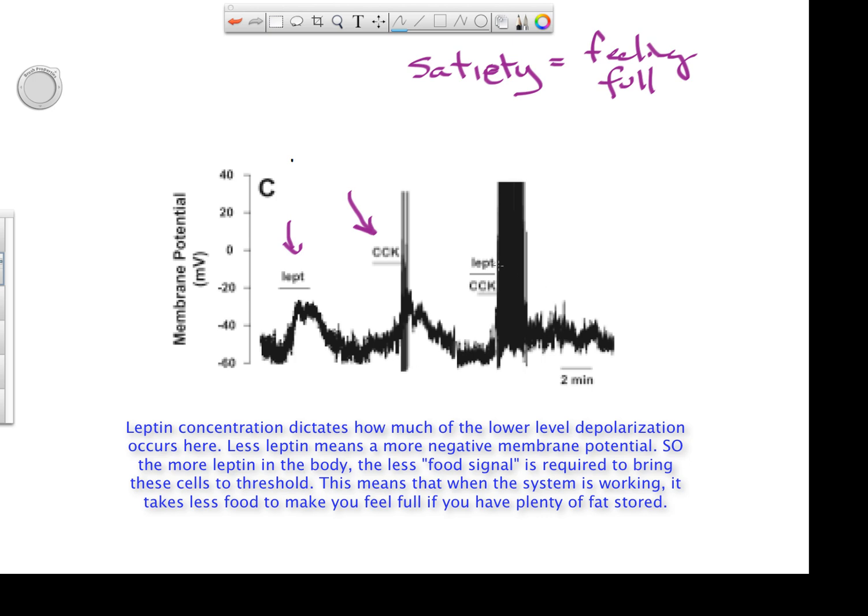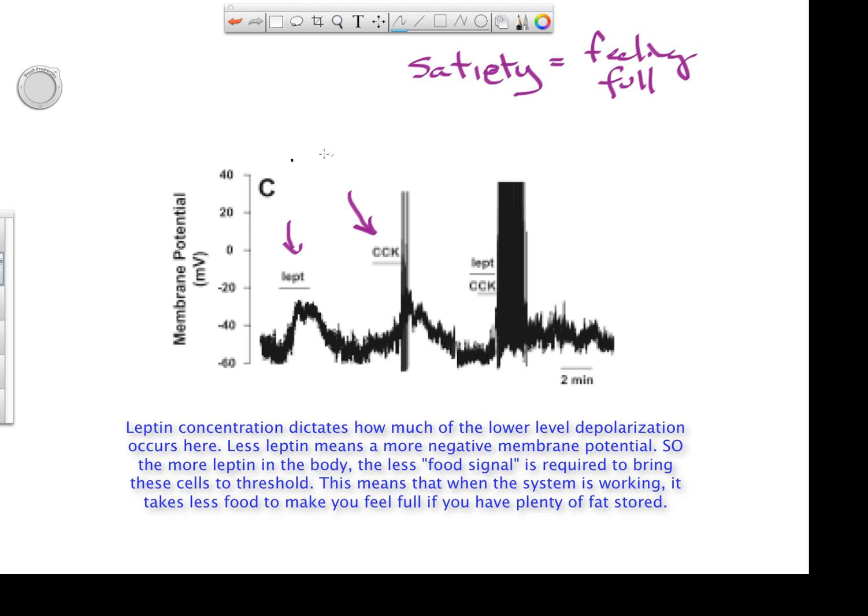But you'll notice that when leptin and CCK are present at the same time, you're going to have a tremendous number of action potentials when compared either to simply CCK or simply leptin being made available, interacting with the set of cells. What does this mean?